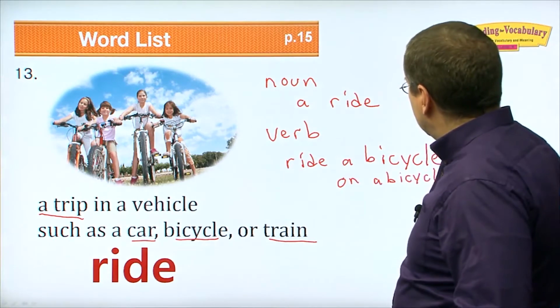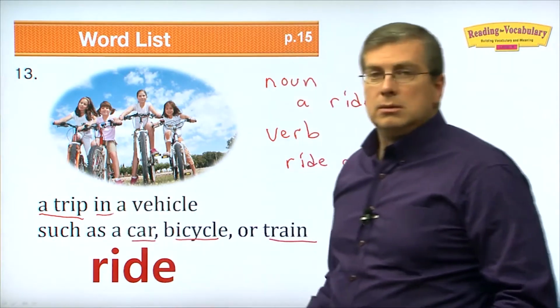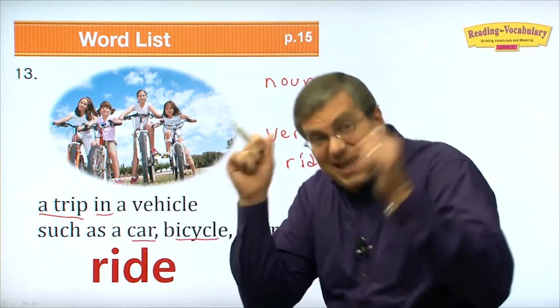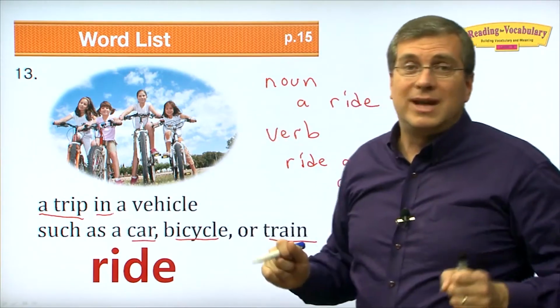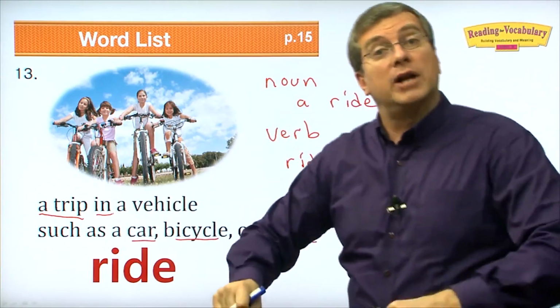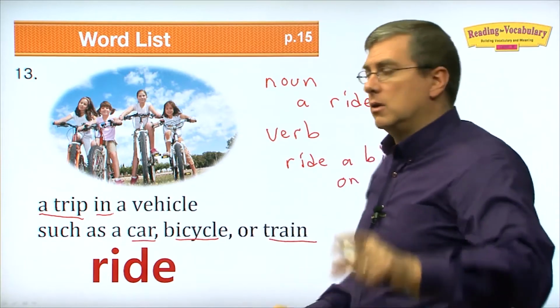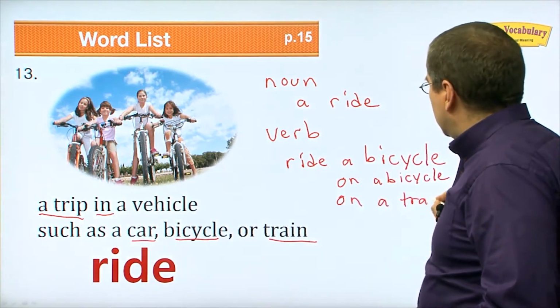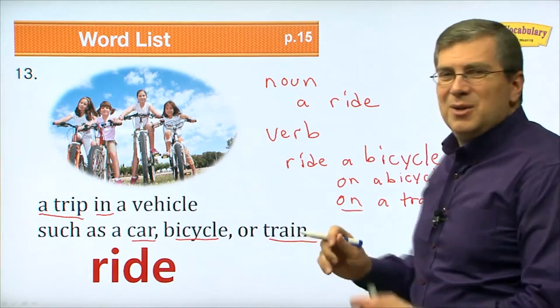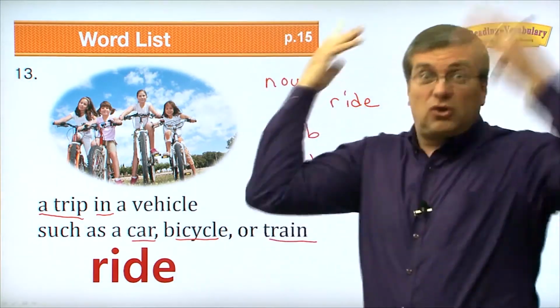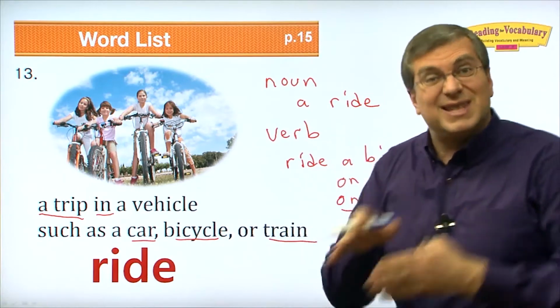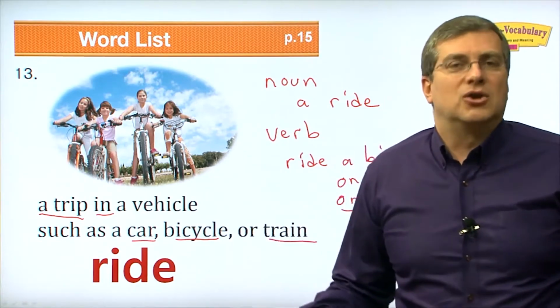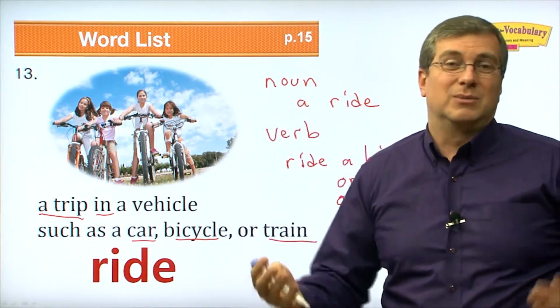You don't ride in a bicycle. You can't ride inside the bicycle. That's very strange, right? You can't get inside your bicycle. You can ride on top of your bicycle. Ride on a bicycle. Ride on a train, but be careful. We say on a train, but we're not on top of the train. That's crazy, right? That'd be really dangerous. We're inside the train, but we say ride on a train. English is crazy sometimes. I'm sorry.